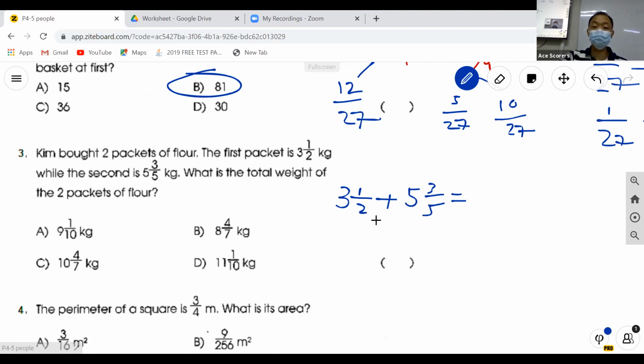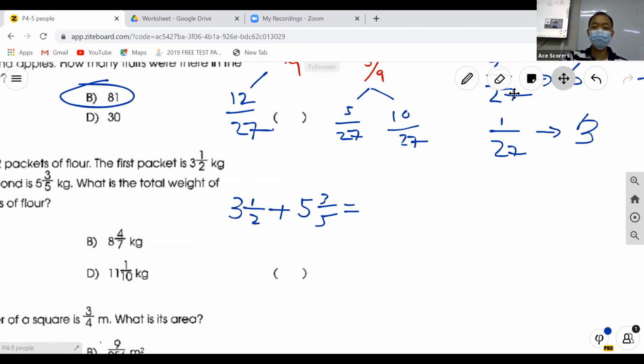So common denominator 10. Let's do the fraction first. So it's 5 out of 10 plus 5 whole 6 out of 10.